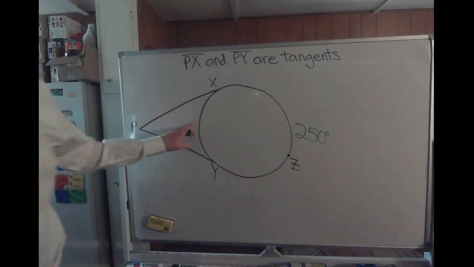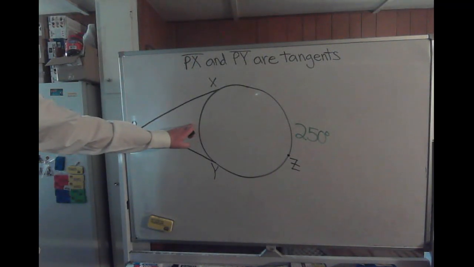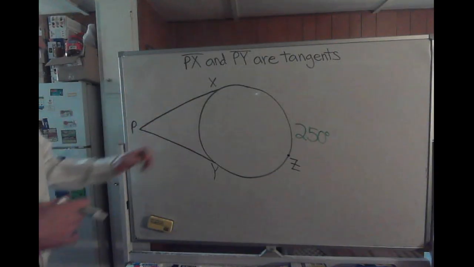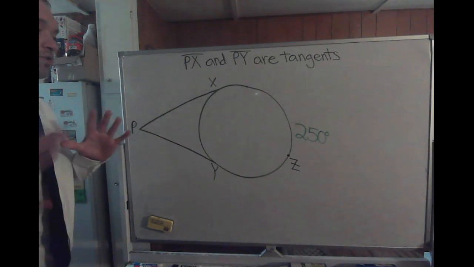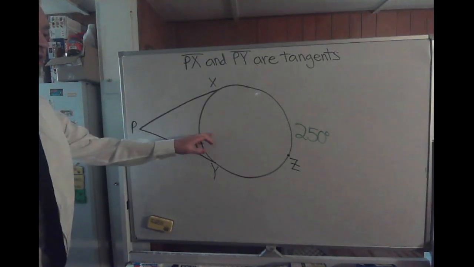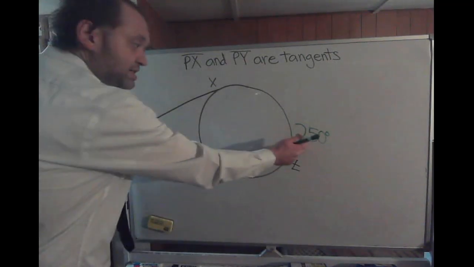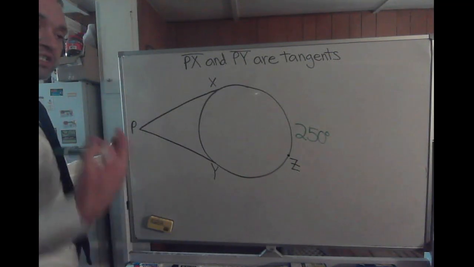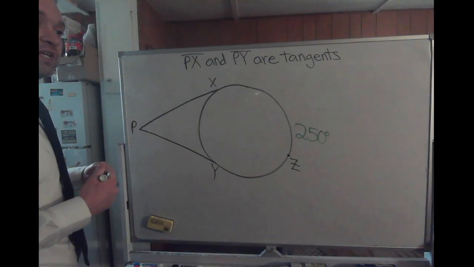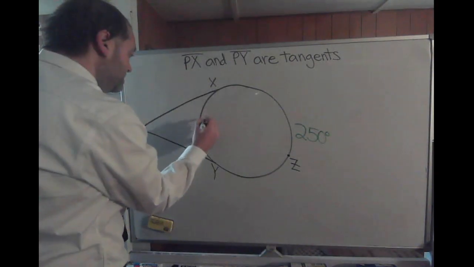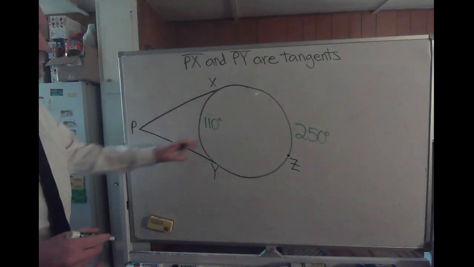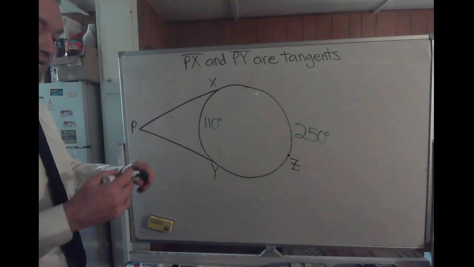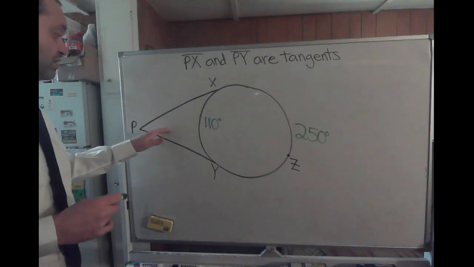We just need to find angle P, but of course, in order to find the minor arc, we just take 360 minus the major arc, right? What is 360 minus 250? It's 110. So you'd end up getting then that minor arc XY is 110. Now we can solve for angle P.